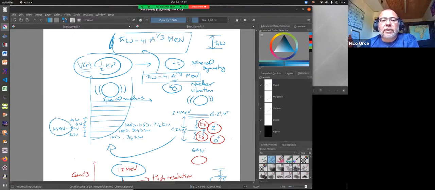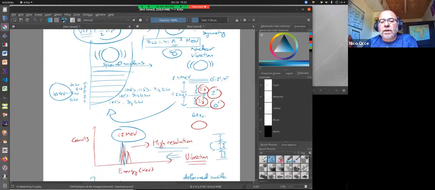Okay, for the particular nucleus, for oxygen 16, you just change A here by 16, right? And you will get 41 times 16 to the 1/3, and that is the 163. Oh, 103, sorry, 103. No, it's not 160, 103. Is that what you asked, Lucy?